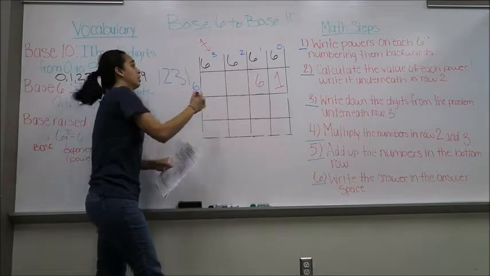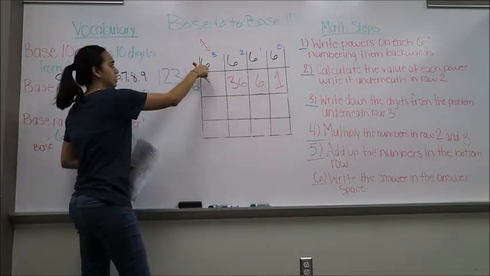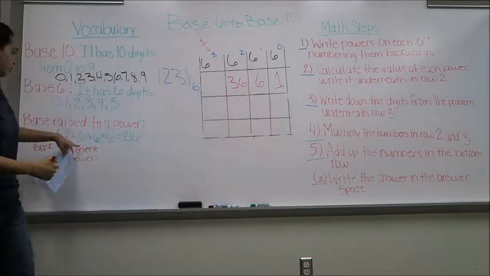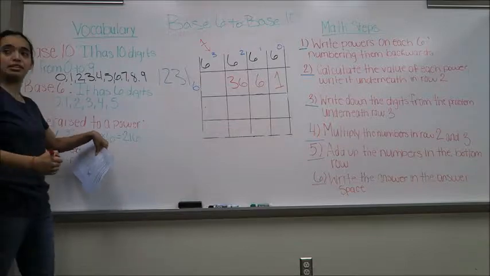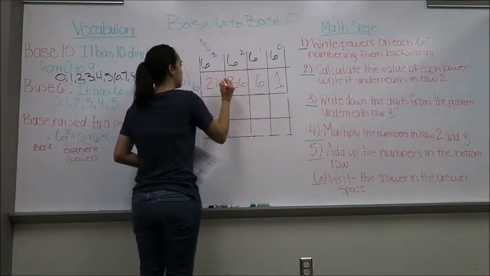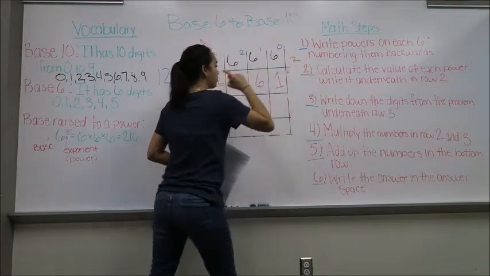Anybody? 36. Yeah, that's correct. 36. 6 to the third power, which is 6 times 6 times 6 equals 216. 216. That's correct. This is step 2.